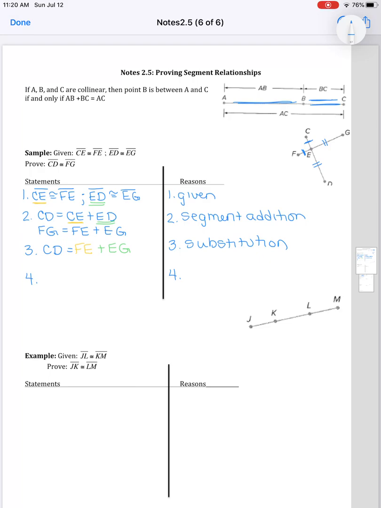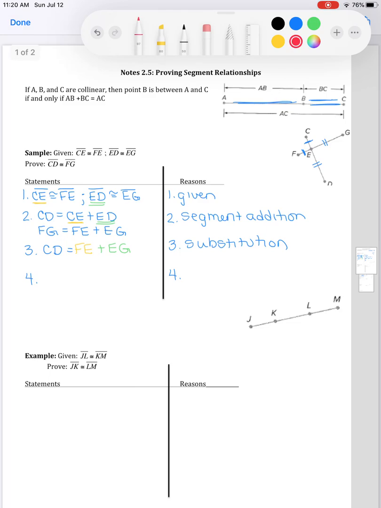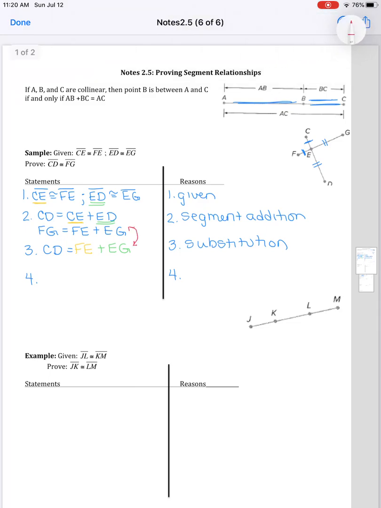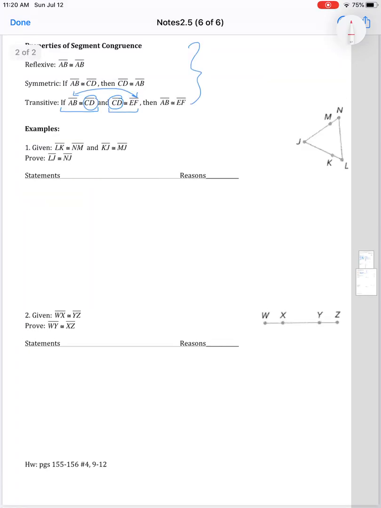Okay, and then number 4, this is where one of the new properties is going to come into play. If we now look at our two previous statements, and I know I'm drawing a lot with colors here, but I'm just trying to make connections. If we look at these two statements right here, what do they have in common? Both of them have the same thing on the right side of the equation.